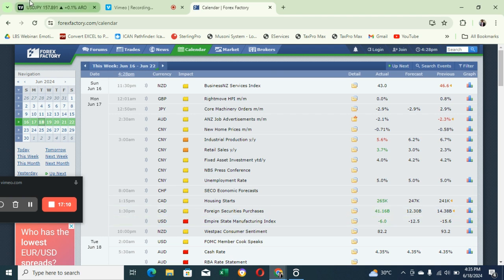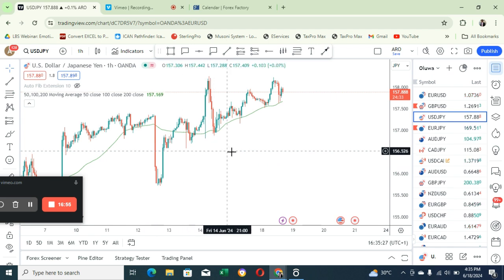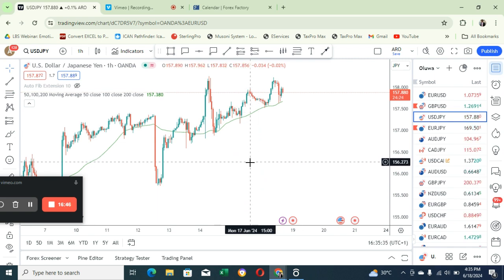Let's check news around this time yesterday, the 1:30 p.m. news on US-based currency. Yesterday is Monday the 17th, at 1:30 p.m.